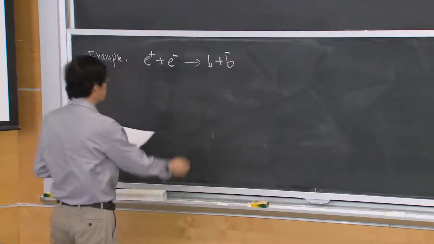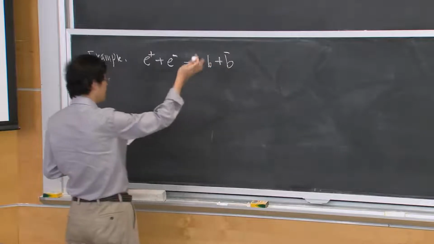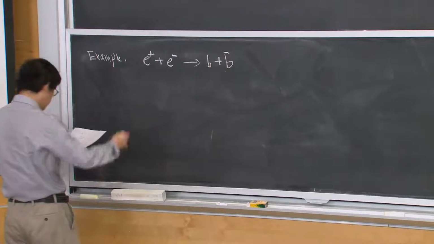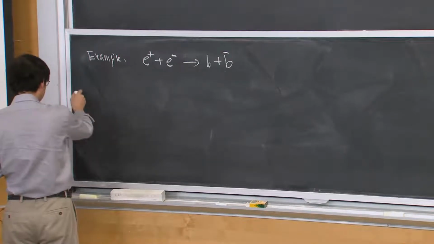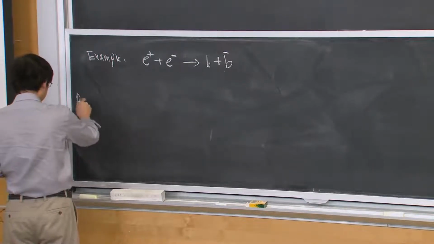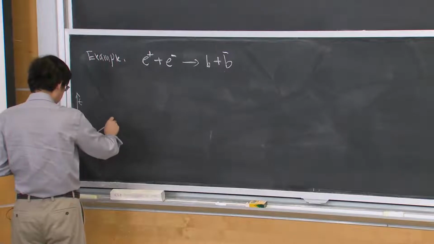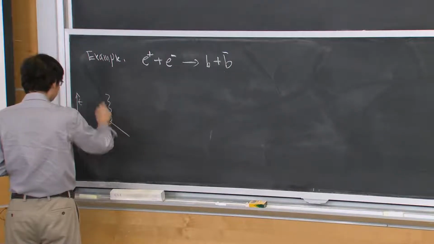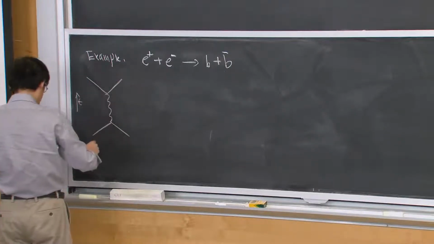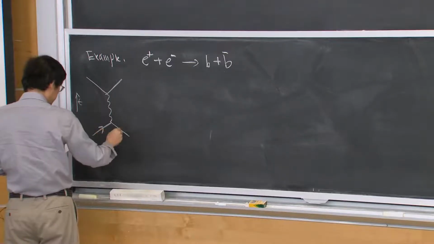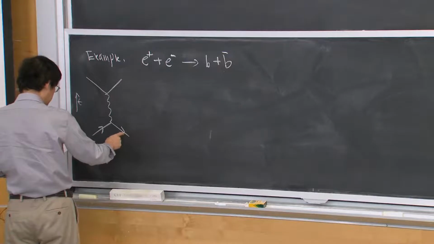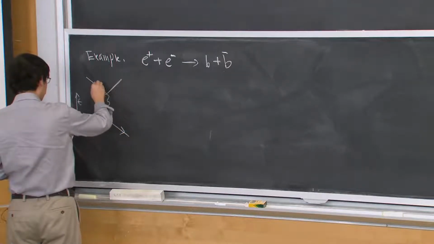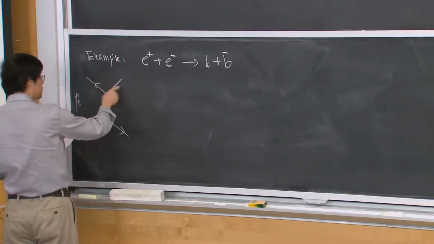B and B bar are some fellow particles, can be different kinds of things. If we draw the Feynman diagram with time going up, the initial particles are e- and e+, and then we have B and B bar.